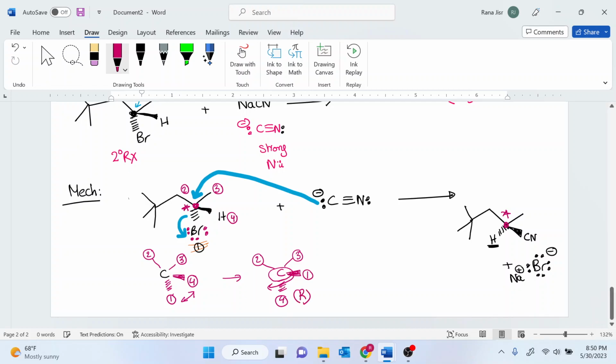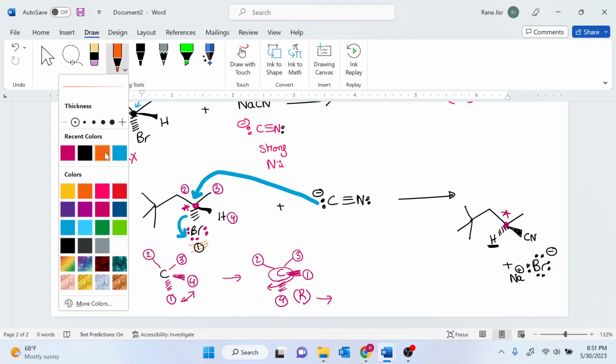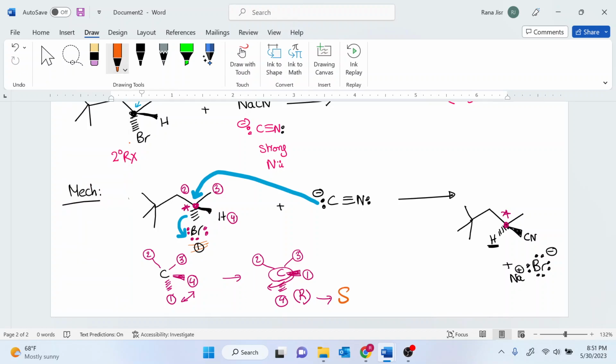But this configuration that I did is for the switched one, not for the original one. So this is why I would need to invert that. And my true configuration now for my structure is going to be an S configuration. So this guy over here is going to be an S configuration.